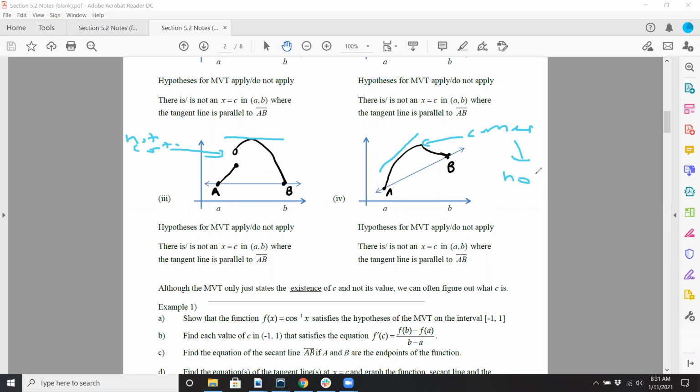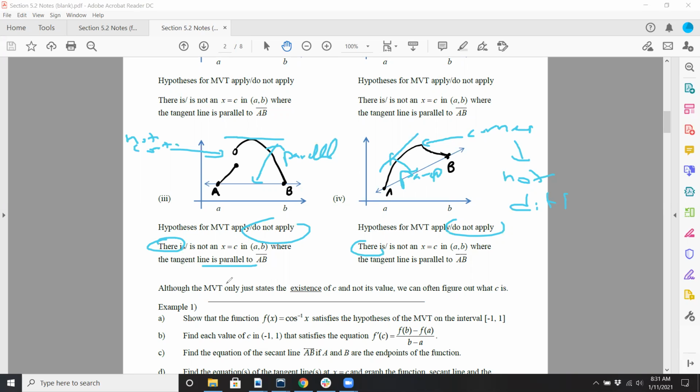So it's not differentiable there. So MVT, again, does not apply in each of those cases. However, there is a tangent line parallel to this line right here. Those are parallel. And those are parallel.